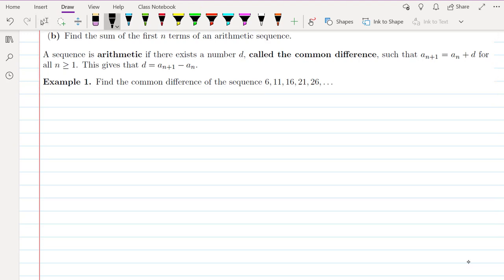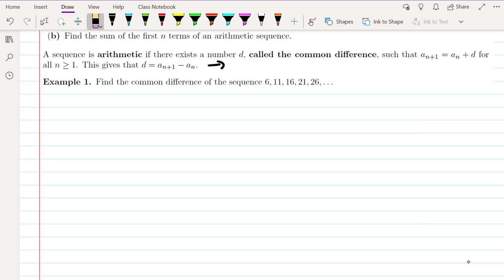Remember from the previous section, the arithmetic is happening in the subscript. The n plus 1 tells us it is the term after a sub n. So to find the common difference, we subtract any term from the term that comes after it.